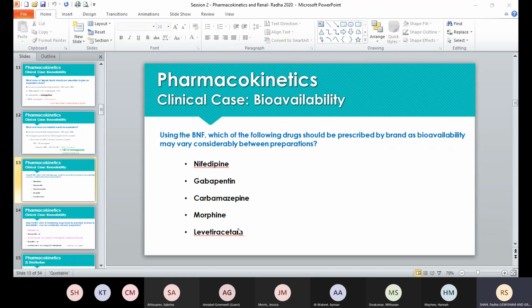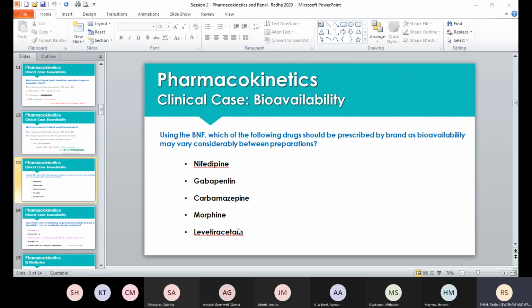Do you know where to look on the BNF, where it should say whether it should be prescribed by brand or not? Yeah, Hannah, you're right, it's nifedipine. So in the BNF, under prescribing and dispensing information, that's where it will say if it needs to be prescribed by brand or not.